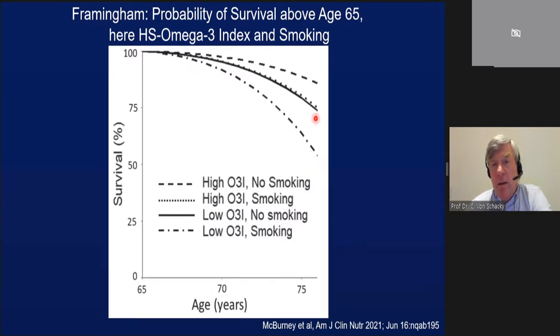If you either have a low omega-3 index or you smoke, then total mortality was 25%. And if you don't smoke and have an omega-3 index in the target range, total mortality is 12.5%. These, to me at least, are fairly large differences because I happen to be 66 years old and I want to be on that line and not on this line.